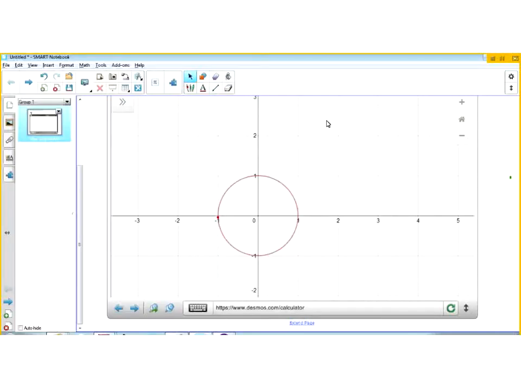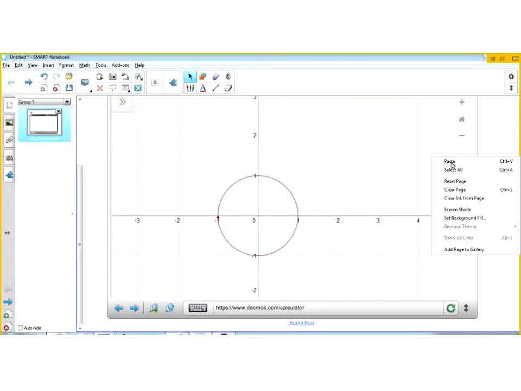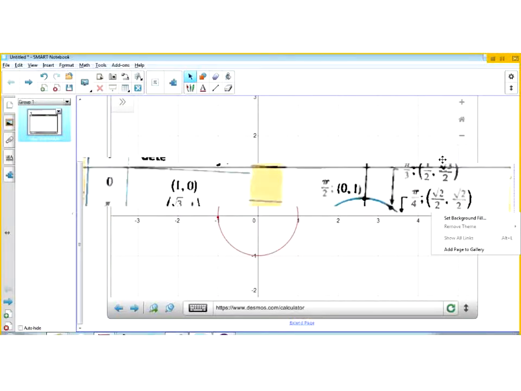And this may be in your textbook. I'm not sure. And then let's see here.